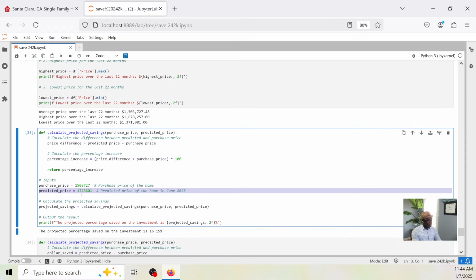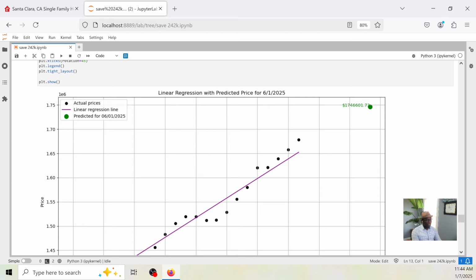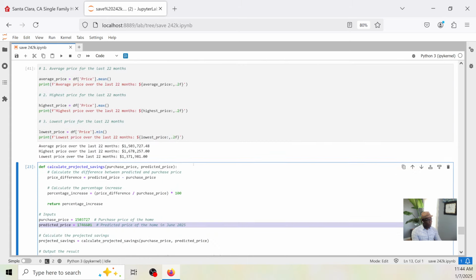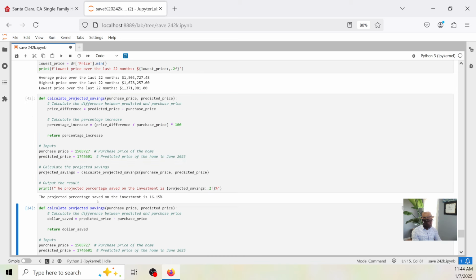I believe this 1.74 value is from the most recent, which is June, correct? So then we just compute what the projected percentage saved on the investment would be if we were to make an investment decision today. So we would have a projected percentage saved of 16.15%.